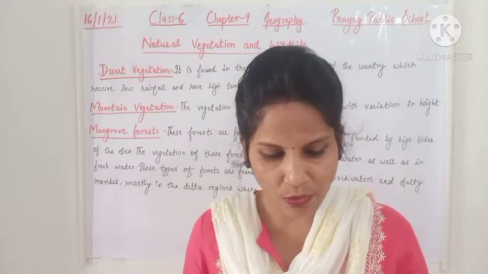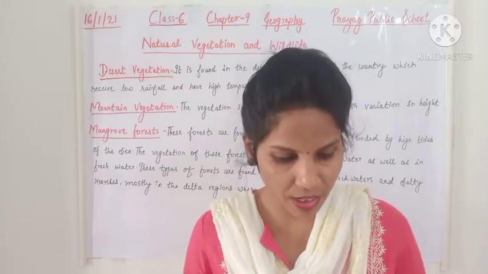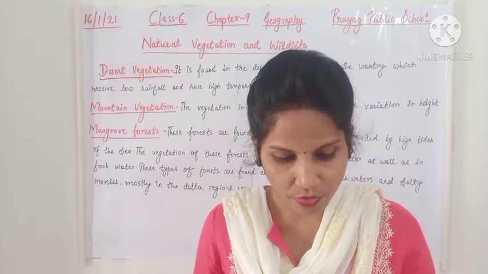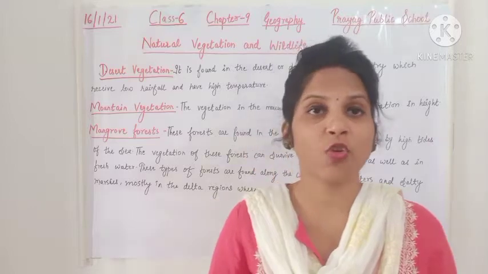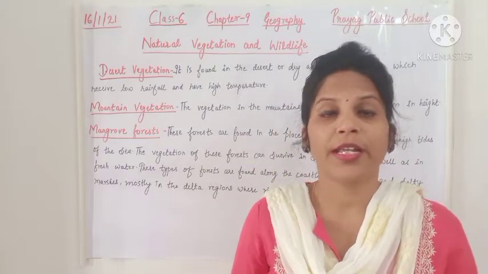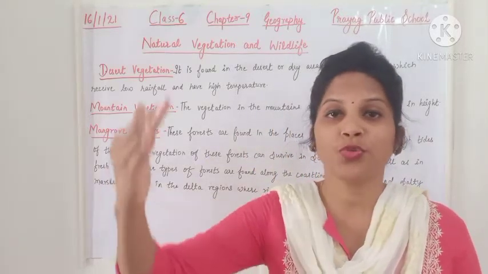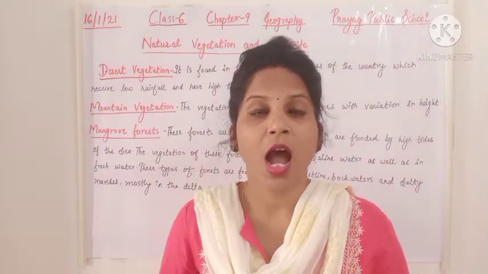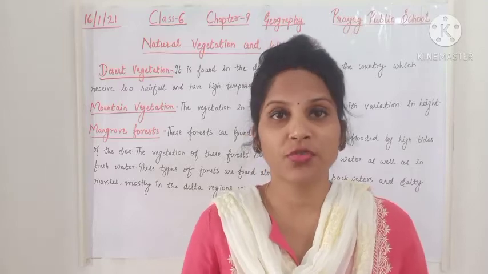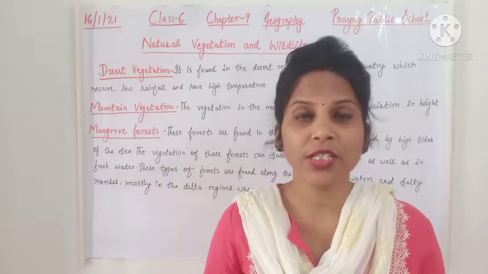At the height of 1500 to 2500 meters, there are tropical trees in the conical shape and are known as coniferous forest. और 1500 से 2000 मीटर की ऊंचाई पे जब हम जाएंगे, the trees which are found in the mountains are called as coniferous trees. उनका नाम होता है coniferous trees. Why?